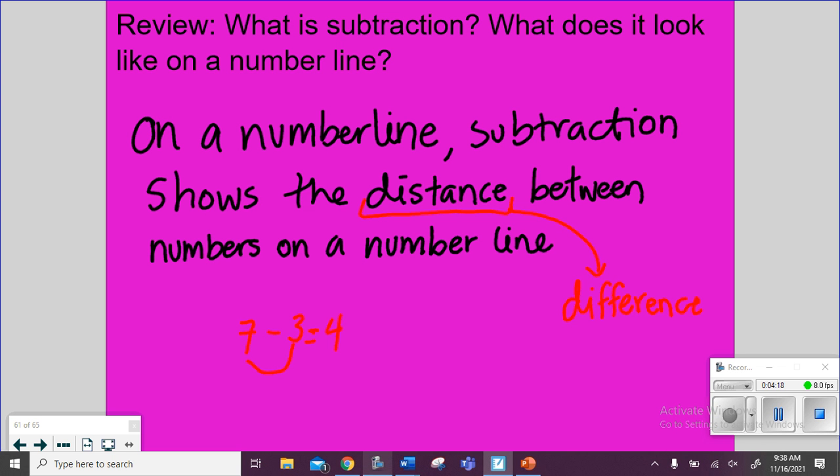Exactly like multiplication and division. Multiplication and division are inversely related. They're opposites. Addition and subtraction have the same relationship. So if I think about this with that part whole mindset, the whole minus 1 part equals my other part, I can rearrange that to be an addition problem.